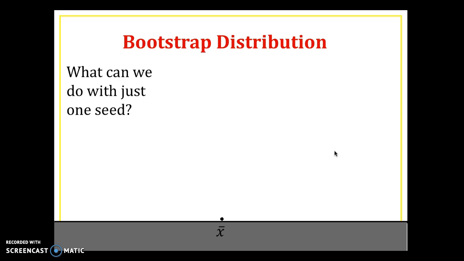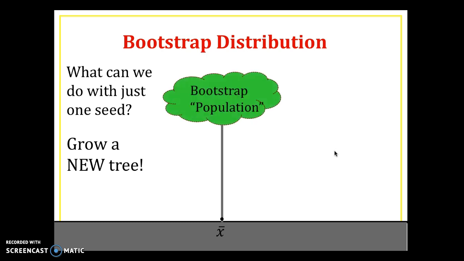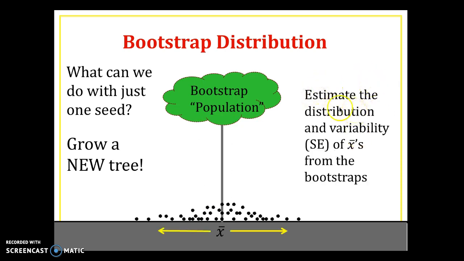This idea of bootstrapping is to take this one seed we have right here. We're going to call that an X bar because it's a sample statistic, the sample mean. And we're going to grow a new tree with this idea of bootstrapping, with this bootstrap, quote unquote, population. So what we're going to do with this one sample is estimate the variability of the sampling means from these bootstraps.